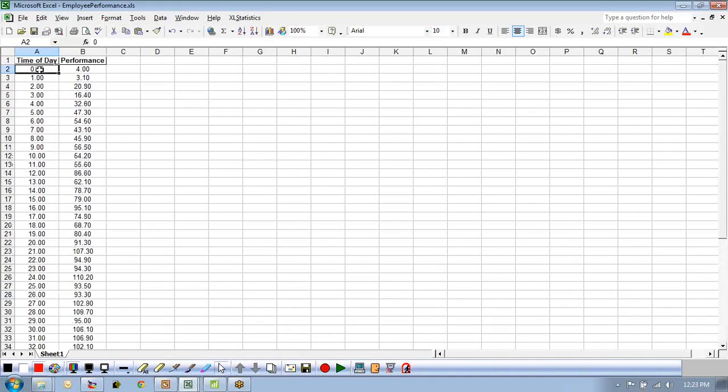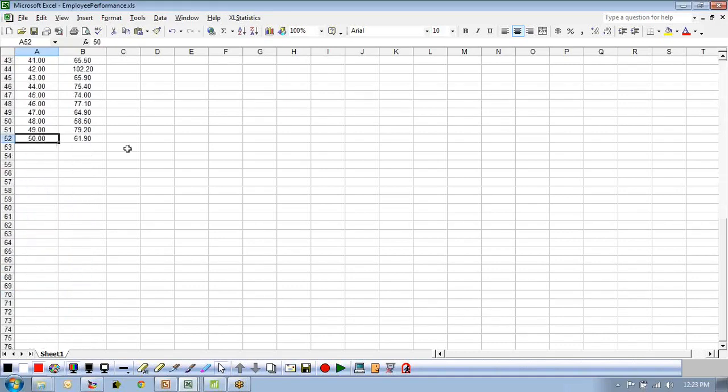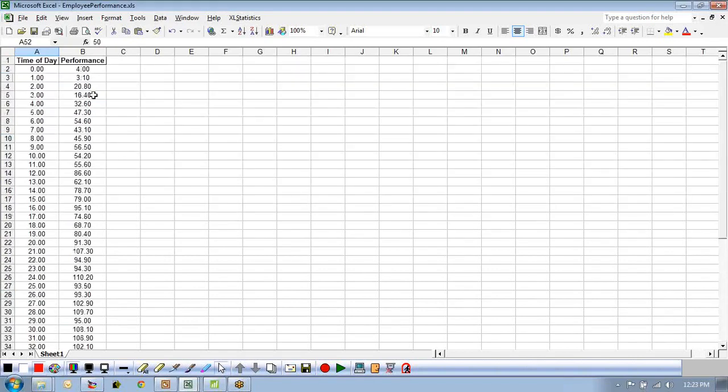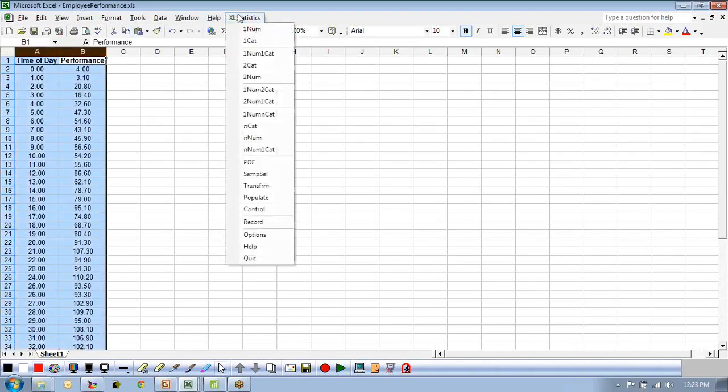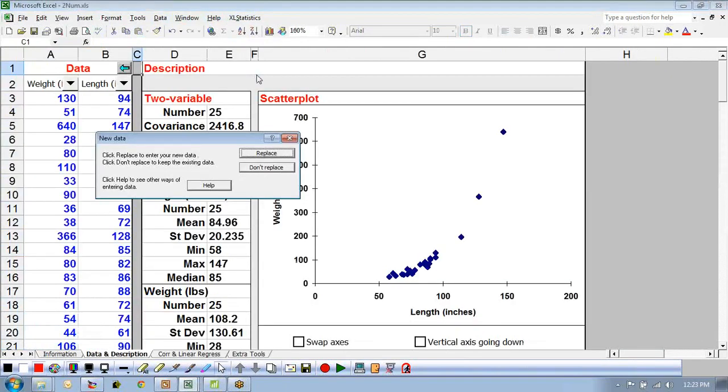So it starts from your start of the workday, and it has 50 demarcations during the day. And the performance is a measure of how productive the particular employees are. So let's go ahead and do that. Look in Excel stats, that's 2num.